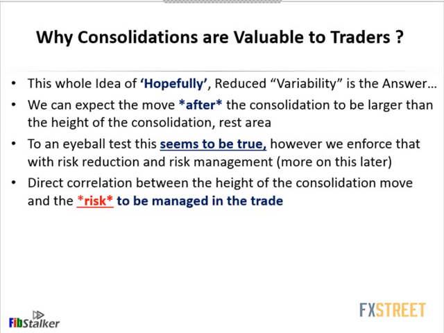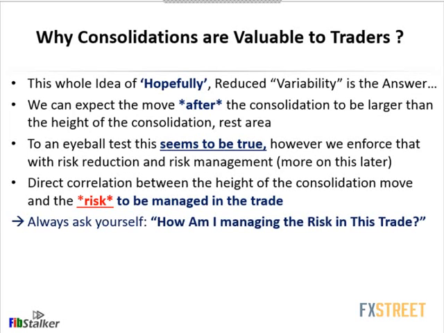The direct correlation between the height of the consolidation move and the risk must be managed in the trade. It's all about risk management. And so you should always ask yourself, how am I managing the risk in this trade? Always about risk. I mean, each trade offers an opportunity. How are you managing the risk in that opportunity?